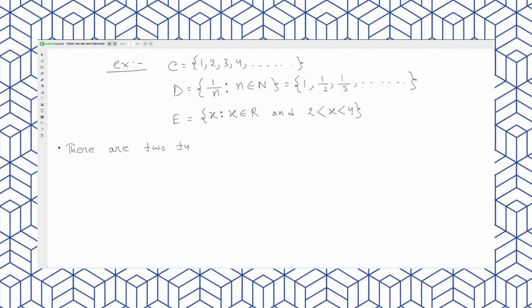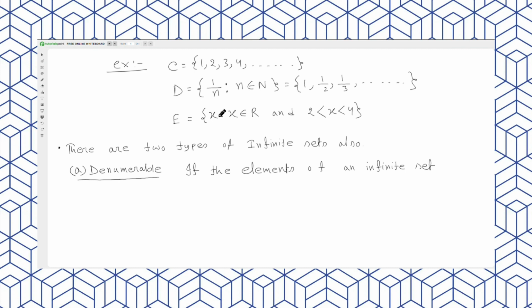There are two types of infinite sets also. One of them is denumerable. If the elements of an infinite set can be written in the form of a sequence, then the set is called denumerable. In the previous example, sets C and D are both denumerable. The second one is non-denumerable.